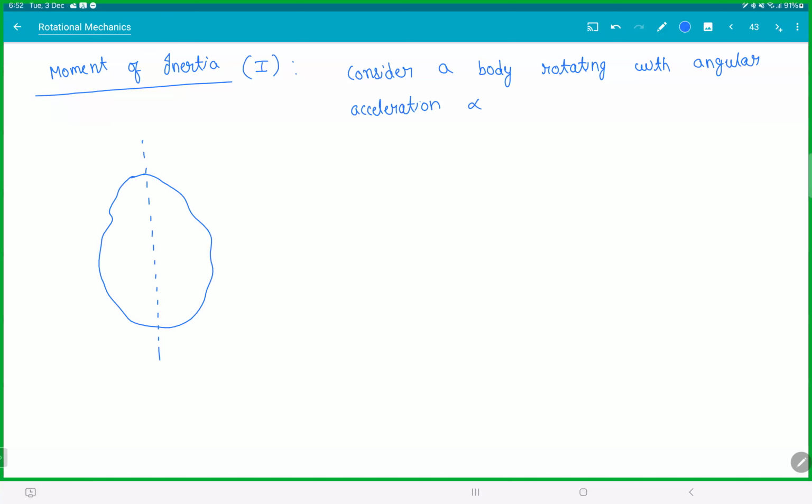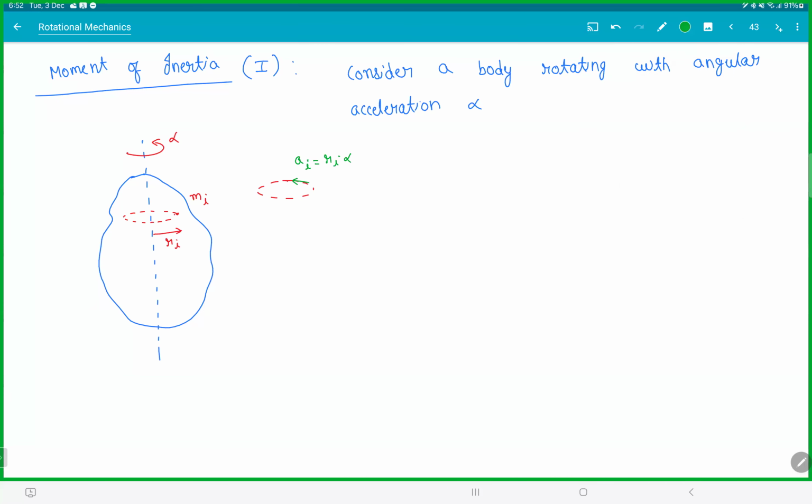You take some random body. Now, if this rotates with alpha, if you take a particle here, let's call it mass mi, and it goes in a circle of radius ri, we know the tangential acceleration ai is equal to ri alpha.